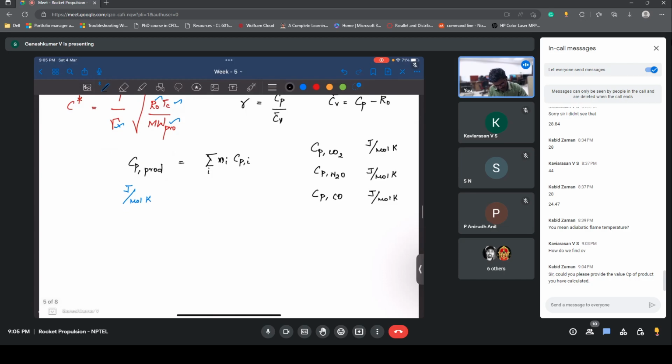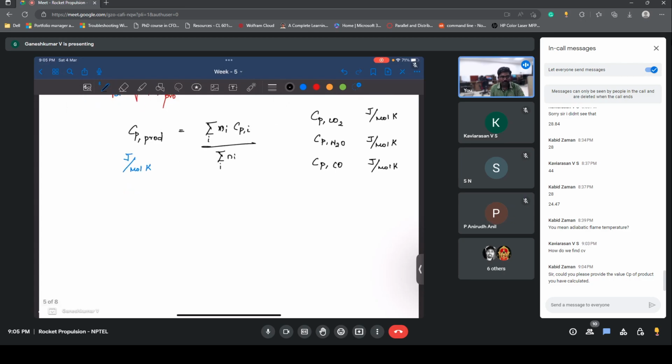So I think you got confused, no? They should be weighted by moles also, right? Is that what your confusion is? I missed the denominator, sir. Yes, basically whatever we did for molecular weight, we multiply by the number of moles, and then divide by the total number of moles in the mixture. Similarly for Cp, we need to multiply n times everything.